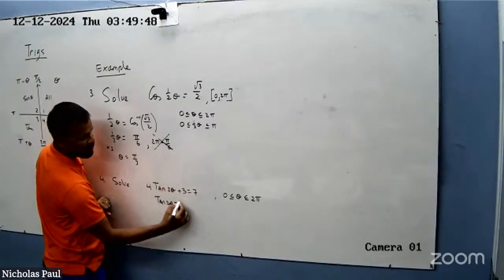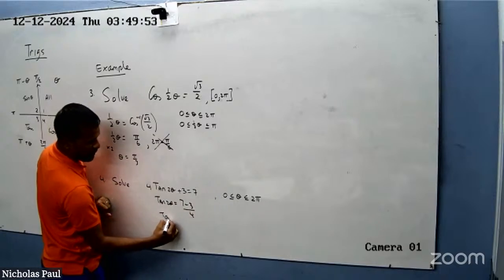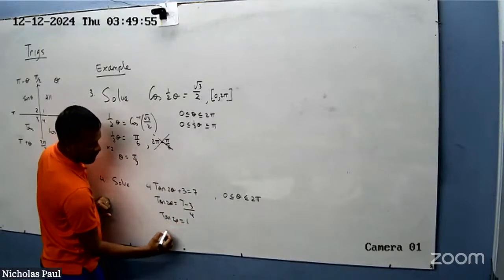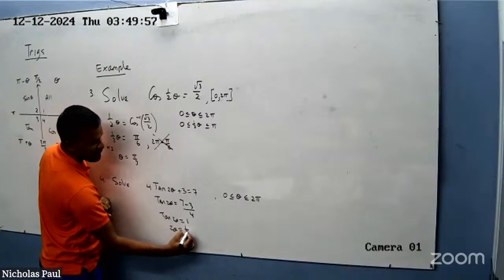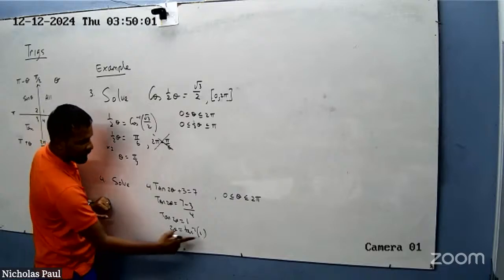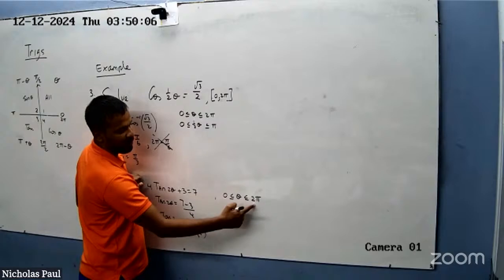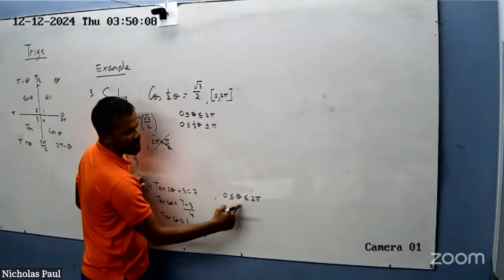Move across the tree, and then move across the 4. Then you have to find tan 2 theta is tan inverse 1. Remember, the range for 0 to 2 pi is a pi, right?